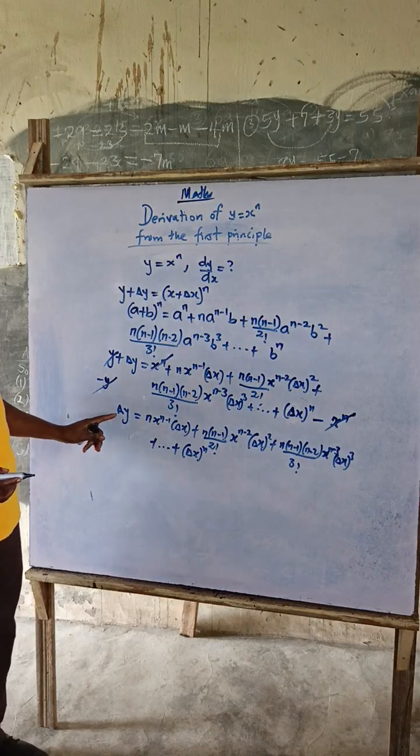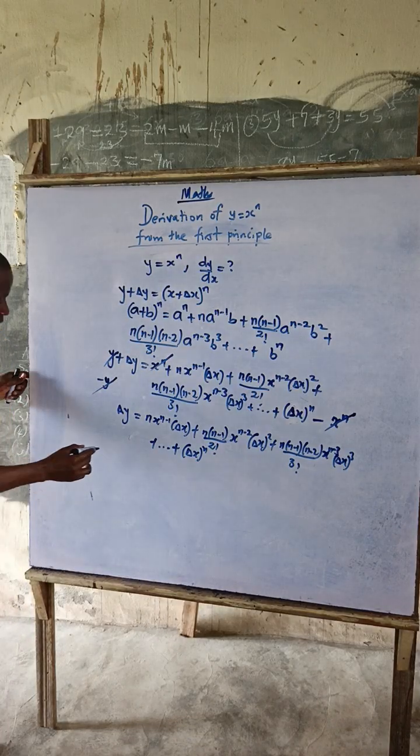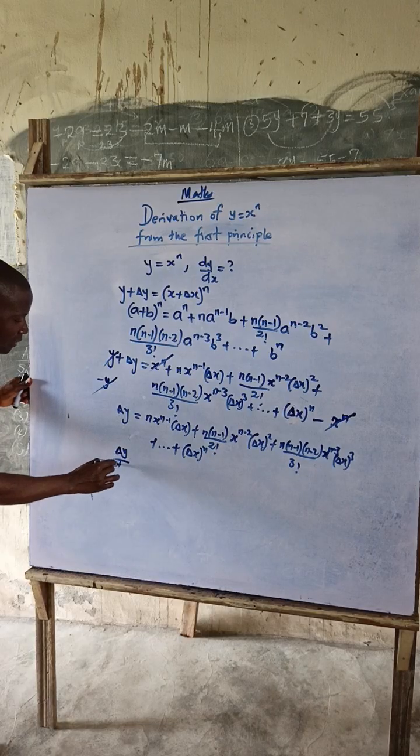The next step is dividing through both sides by delta x. That is, delta y divided by delta x.